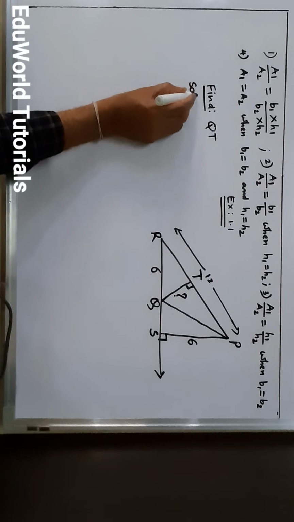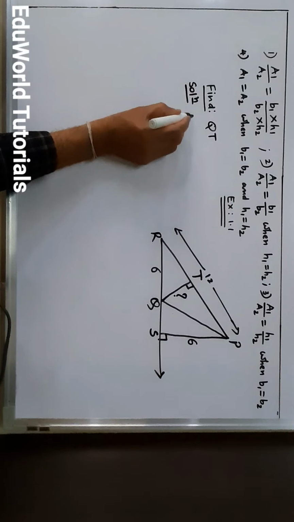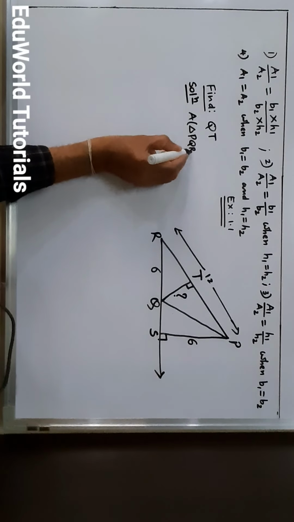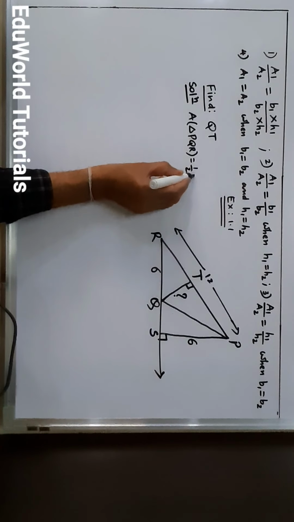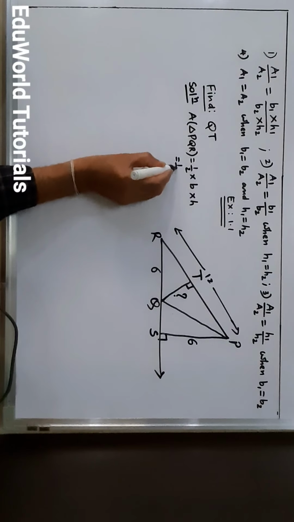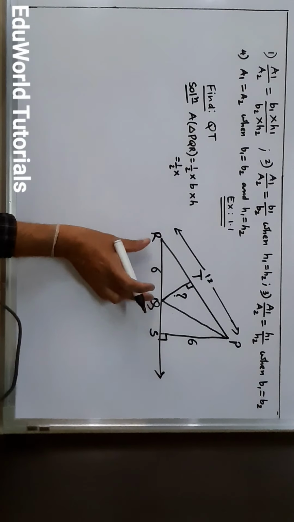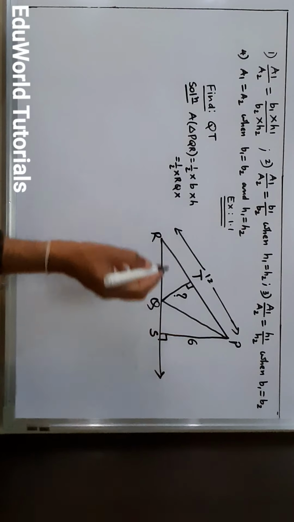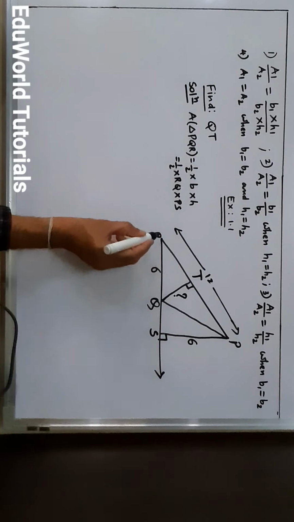In the solution, first we will write area of triangle PQR is equal to half into base into height. We will consider RQ as the base, and height we will consider PS, because the base is considered as RQ.